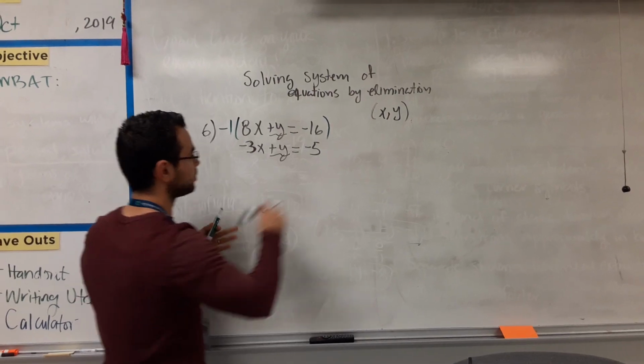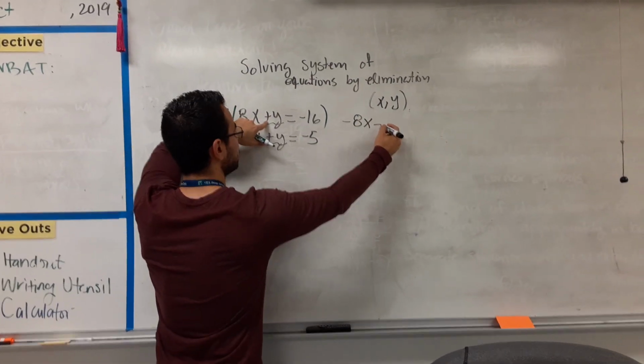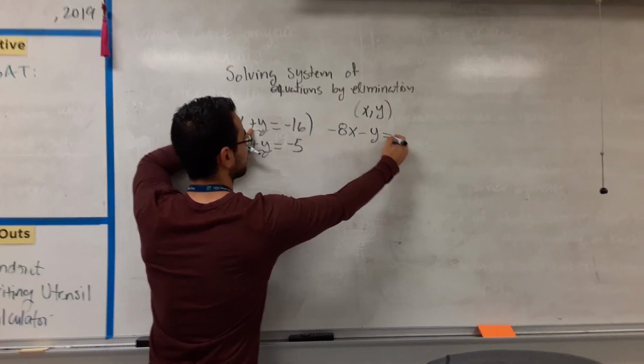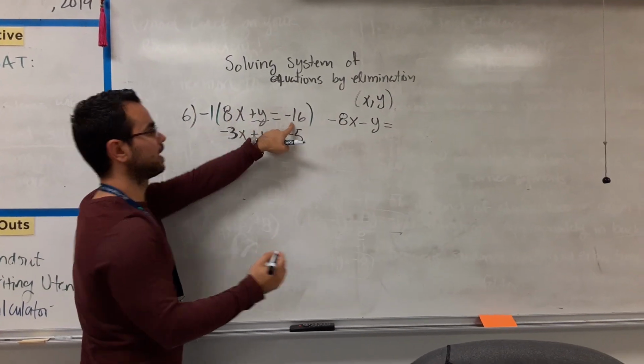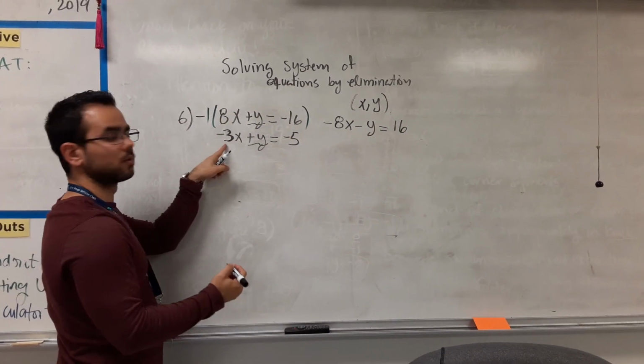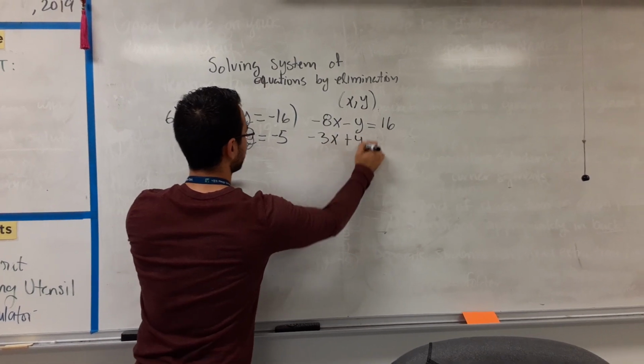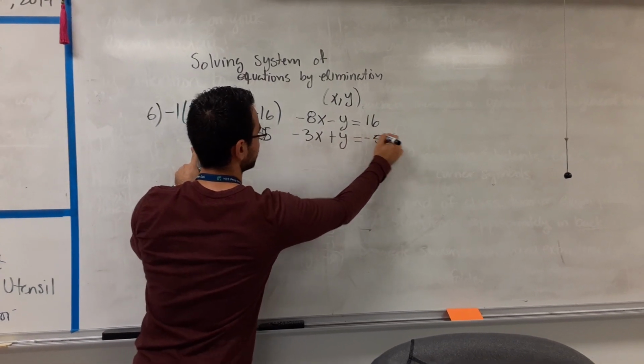And that will give me -8x minus y is equal to -1 times -16, which is positive 16. And I'm going to rewrite my second equation, which is -3x plus y equals -5.